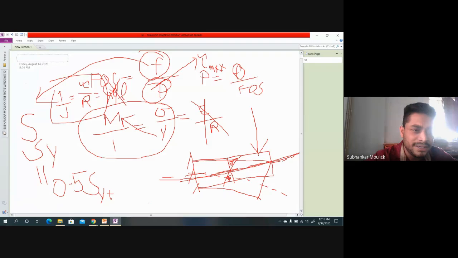So tau will be T into R by J, and in this question we have written T, torque, in the form of MT.